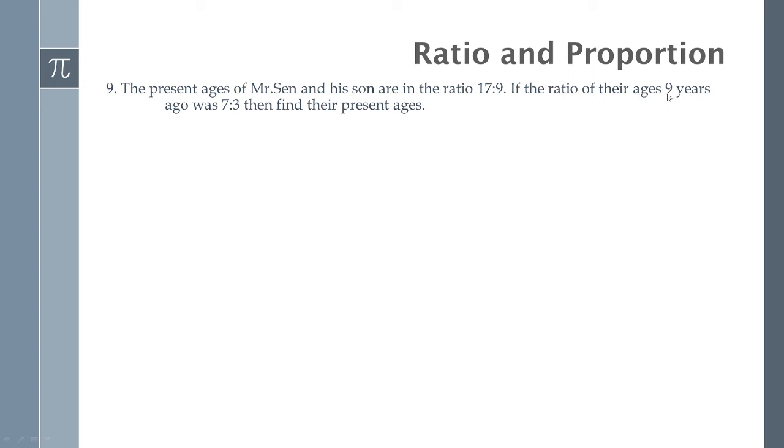If the ratio of their ages 9 years ago was 7 is to 3, then find their present ages. Very important question. In competitive exams, you will be getting this type of problems.